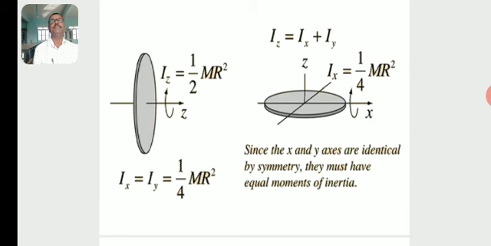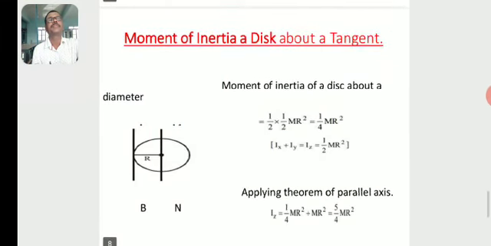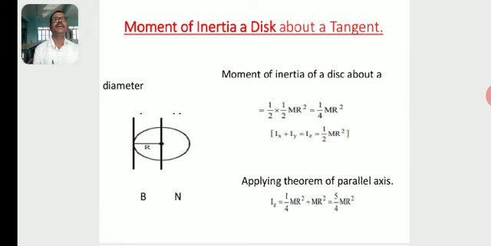So the moment of inertia of a disk about an axis passing through its diameter is half into half m r square, which is equal to 1 by 4 m r square.